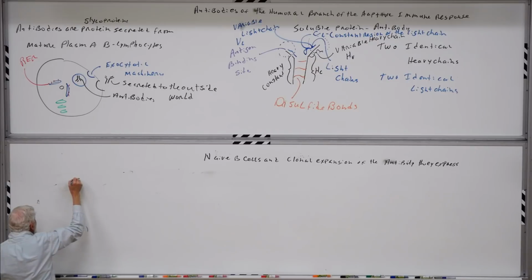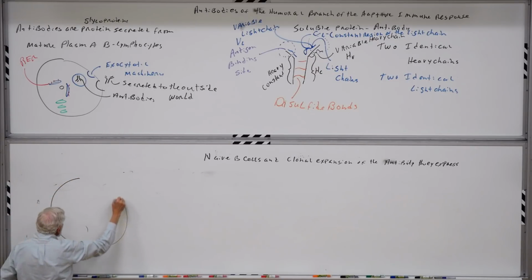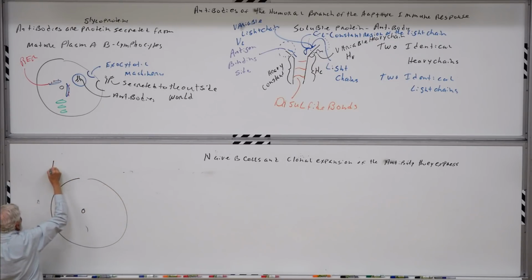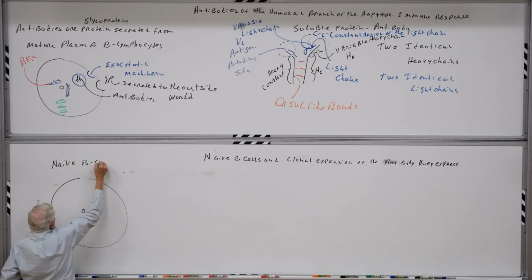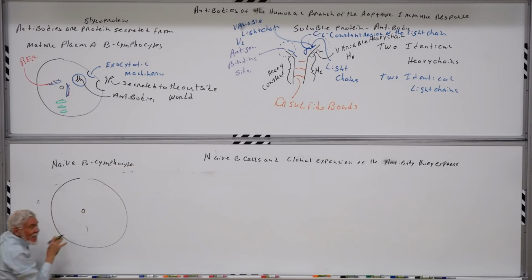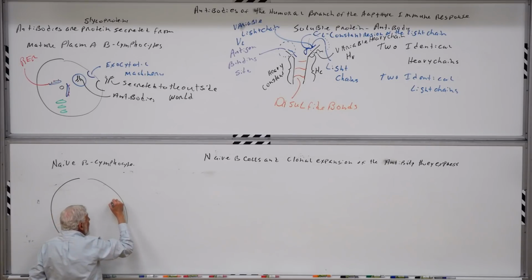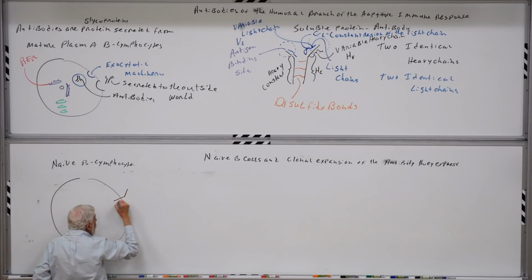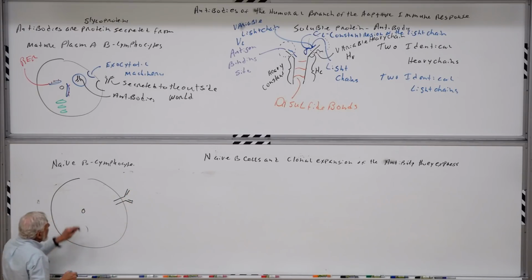So now we're going to take this cell and we're going to call this a naive B lymphocyte. This is a cell that was born in the red bone marrow. It's born in the red bone marrow, and what it has done is it's generated a transmembrane protein antibody here.